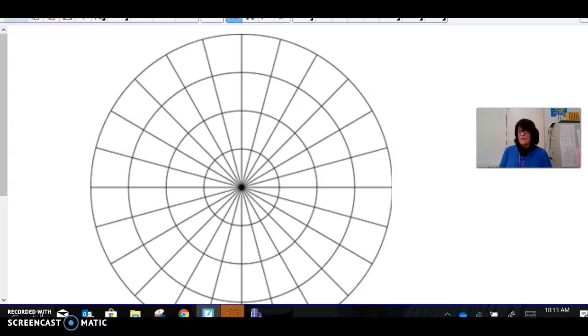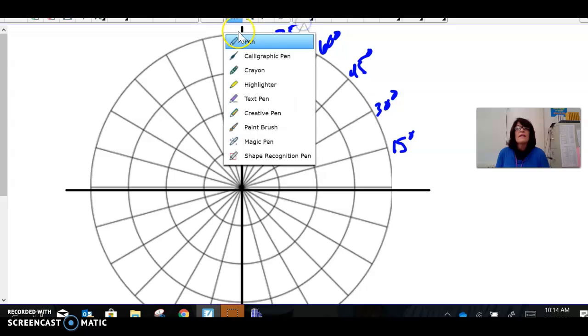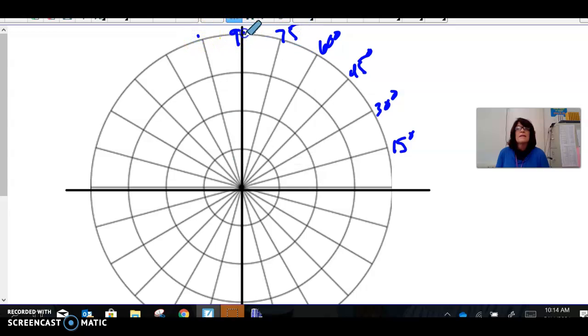Now, here's a polar graph. Isn't this cool? All right, listen, guys. Oh, gosh, it's hard for my old eyes to see. I'm going to just draw, there's x, or here's the vertical and horizontal, just so I can keep straight. Okay, and I think this is going by 15 degrees. This is 15, 30, 45, 60, 75, 90.